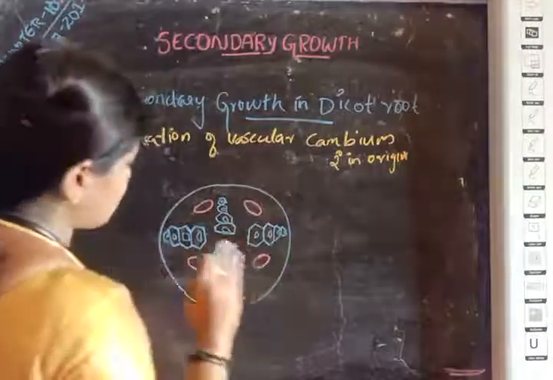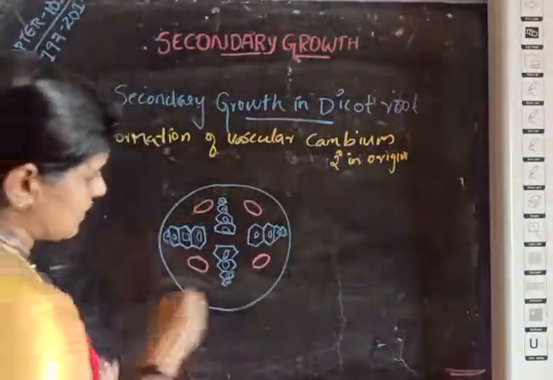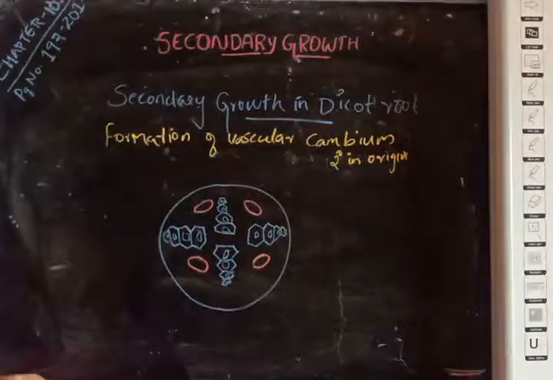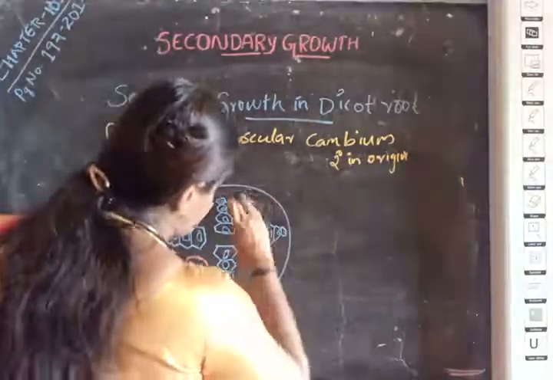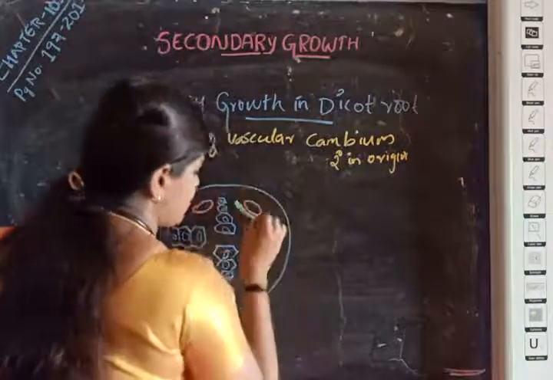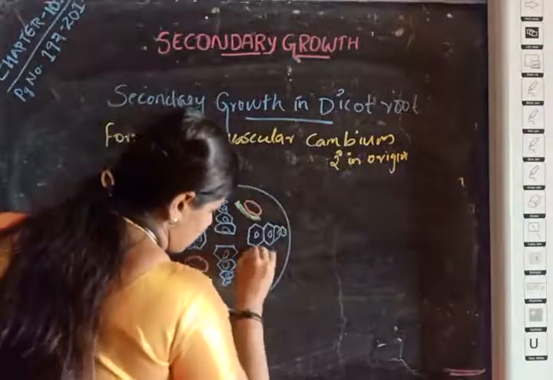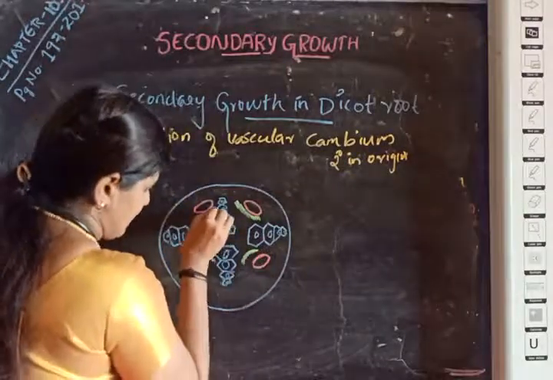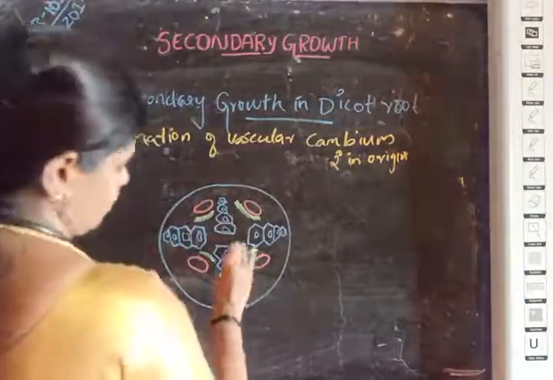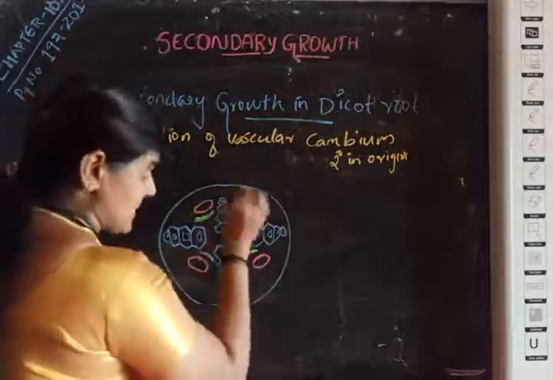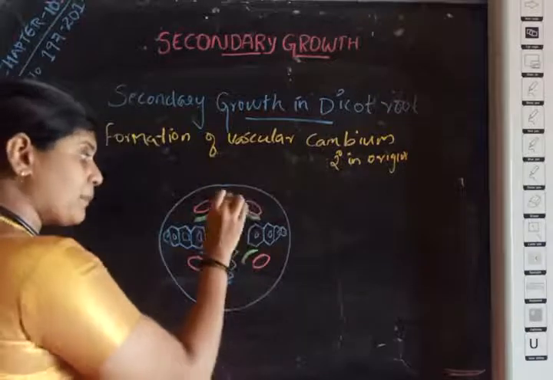Here, the vascular cambium is formed by the conjunctive tissues, which are found just below the phloem, and the pericycle tissues just above the protoxylem.